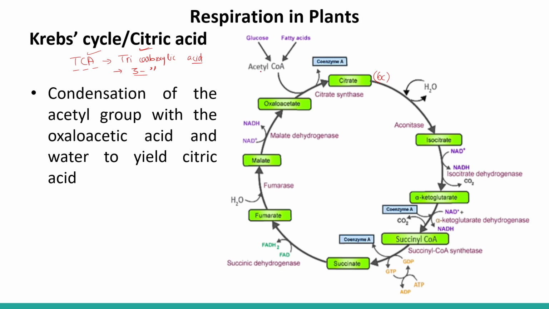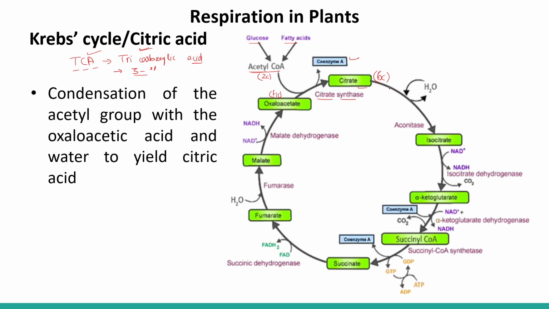The first step is the condensation of acetyl coenzyme A, which can be produced from glucose or from fatty acids depending on the requirement of the organism. The acetyl coenzyme A condenses with the 4-carbon compound oxaloacetate. Coenzyme A is released and citrate, a 6-carbon compound, is synthesized. This reaction is catalyzed by the enzyme citrate synthase.